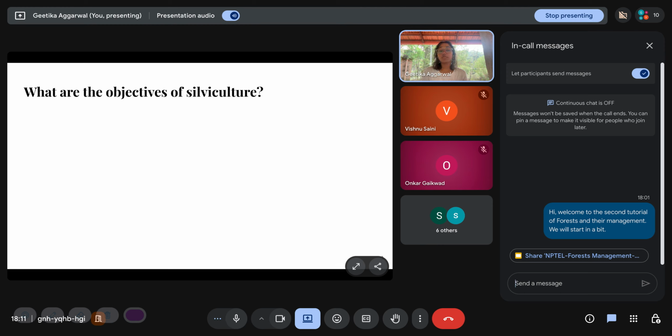You can unmute yourself or you can type it out in the chat box. What could be the different objectives behind silviculture? Anything?